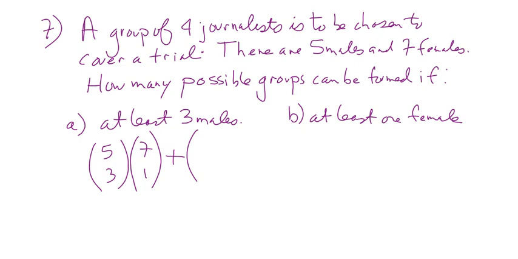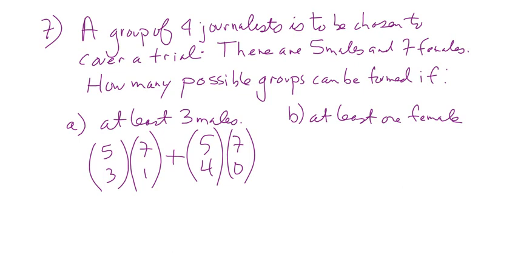How many males could there be? Could be 3 or there could be 4. You don't need the 7 choose 0, right? You may see it in a multiple choice answer, you may not. Just be aware, it could be there or not.